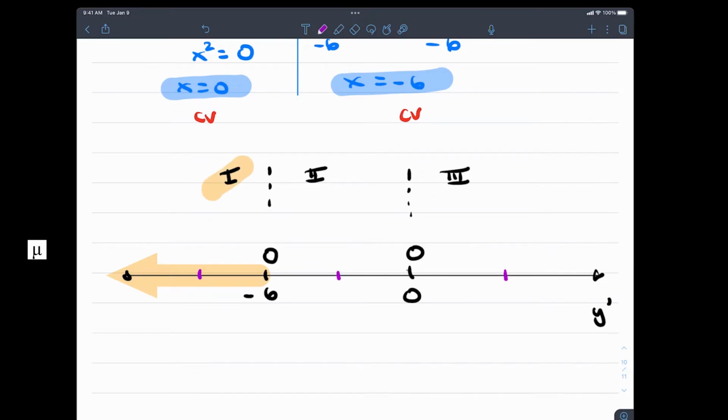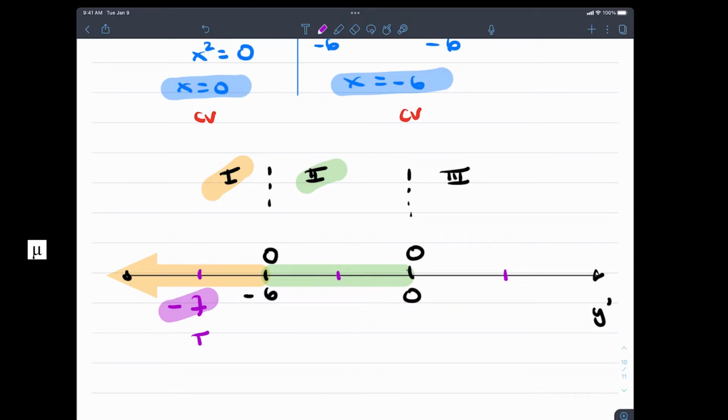So give me a number. What number? Negative what? Okay, that'll work. Is that right? It's good. It's a test point. Good job. Okay. So let's look at region 2. Give me a number between negative 6 and 0. What's a test point?